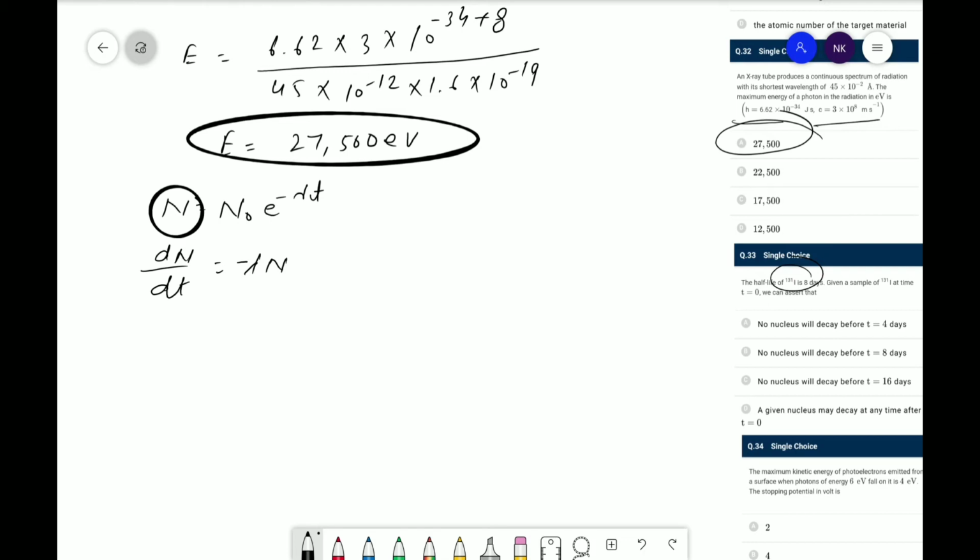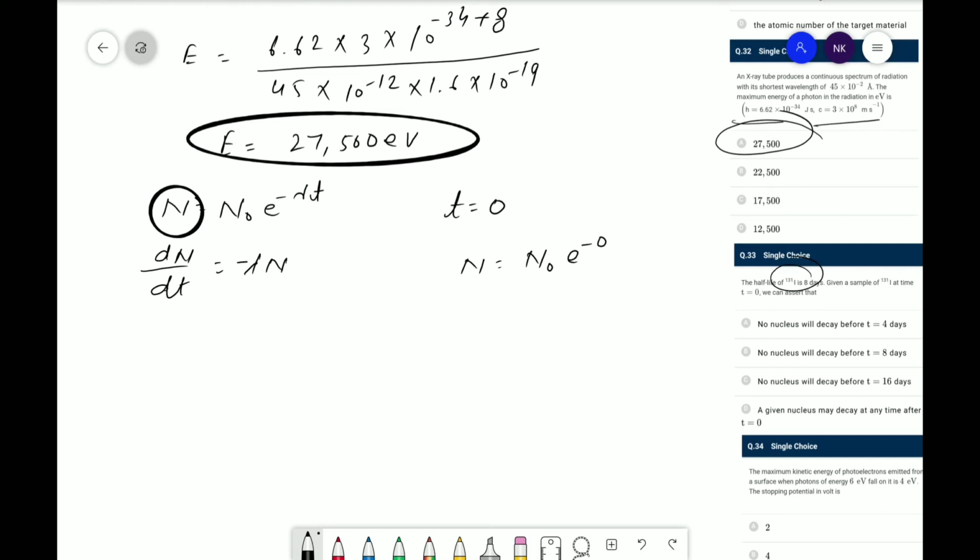A given nucleus may decay at any time after t is equal to 0. So if t is equal to 0, then N is equal to N naught e to the power minus 0, which is 1.